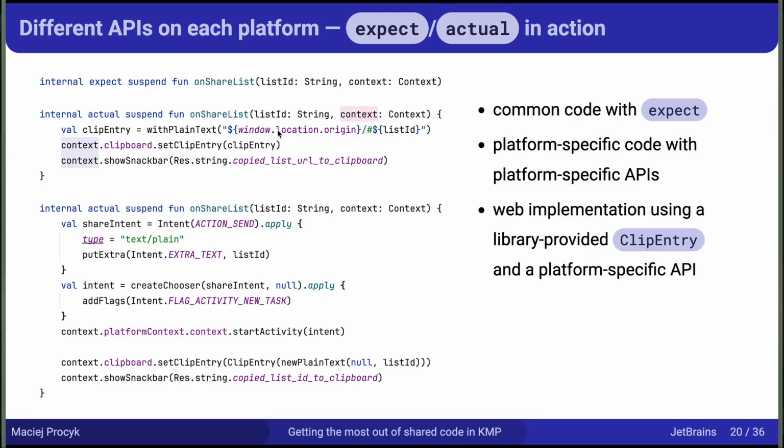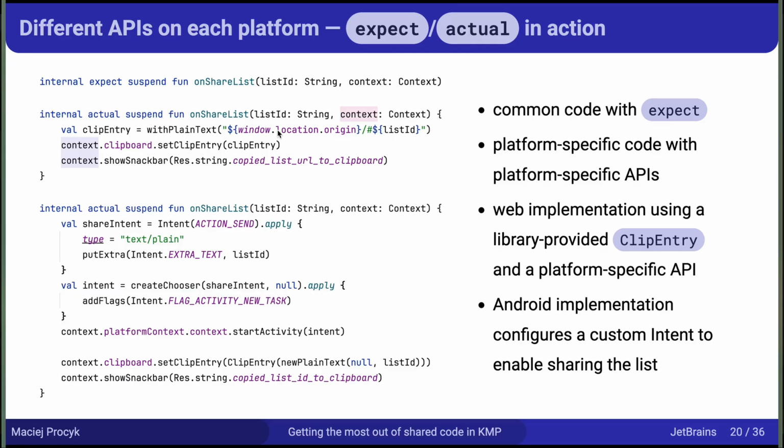But when we speak about the Android implementation, we not only want to share the ID of the list, but also open this extra window from the bottom to share this list with others. So the user can use, for example, some messaging app to actually share this value with friends or family members.